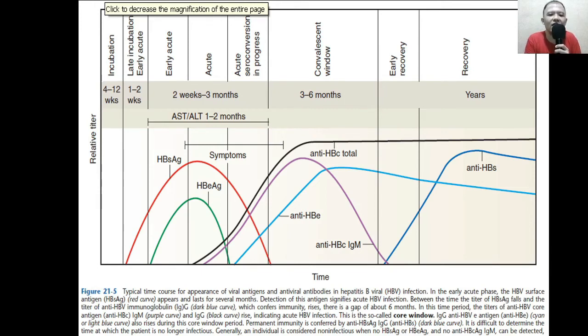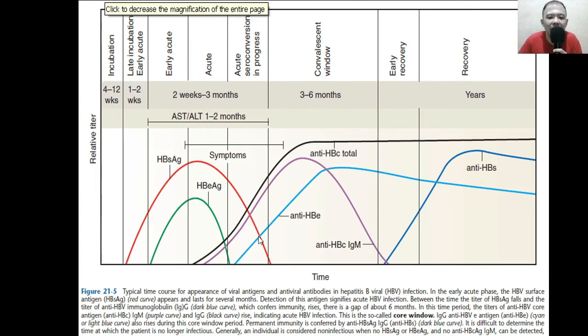What viral marker do we get if we are in the window period? You cannot use the HBS because it leads to nothing. You cannot rely on the antibody because we don't detect antibody yet.